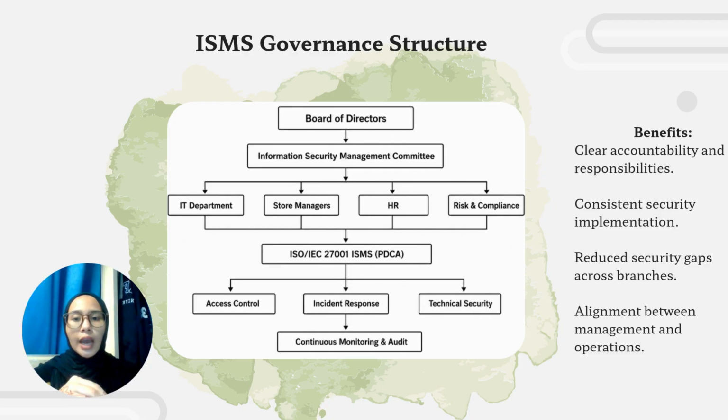Several departments, including IT, store management, human resources, and risk and compliance, work together to implement security controls under a unified ISMS framework. This governance structure is important because electronic retailers often operate multiple branches. Without clear responsibilities and coordination, security practices may become inconsistent across locations. By establishing clear accountability, the organization can ensure that security policies are applied consistently and aligned with business objectives.